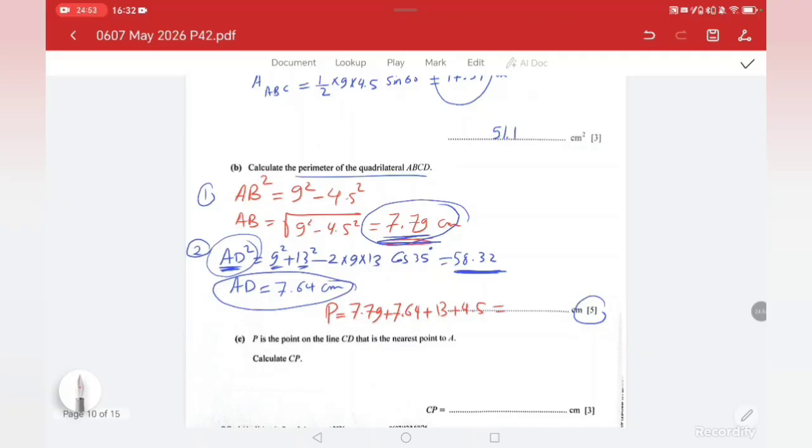So the answer should be 32.9. This is 3 significant figures.